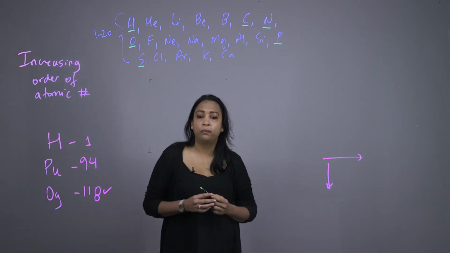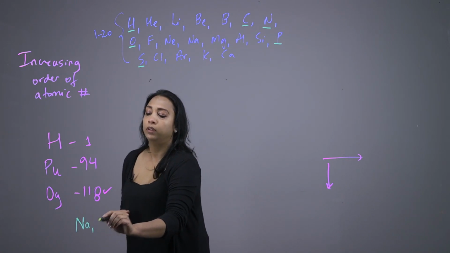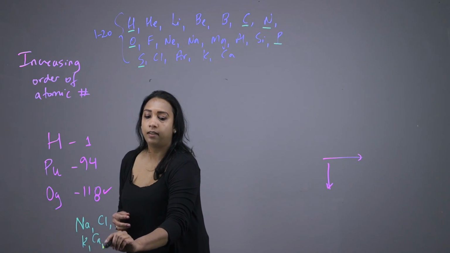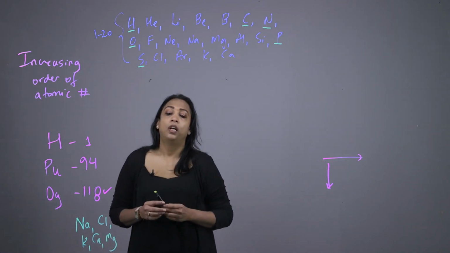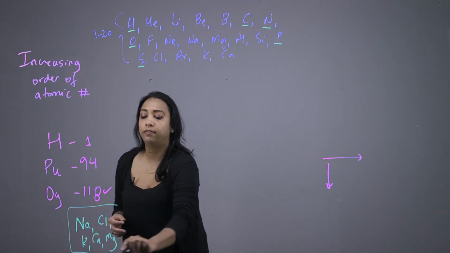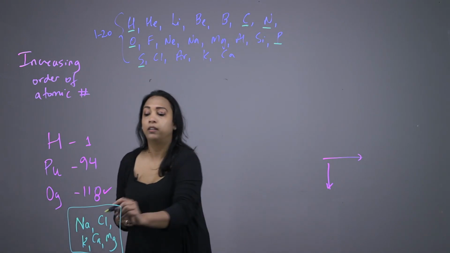Additionally, what's also going to be important to biologists are sodium, chlorine, potassium, calcium, and magnesium. So these function as important electrolytes in living organisms, and they exist as ions in living organisms.